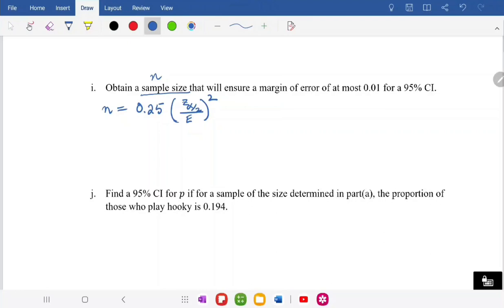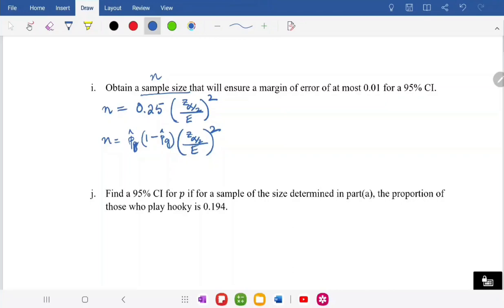All right. Now, we could also use another formula, which is n equals guesstimated proportion. So p hat sub g, all right, p hat sub g times 1 minus p hat sub g times z of alpha by 2 divided by e whole square.